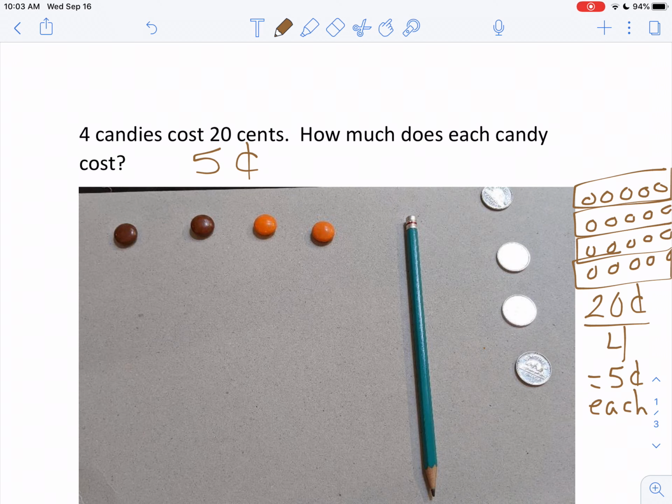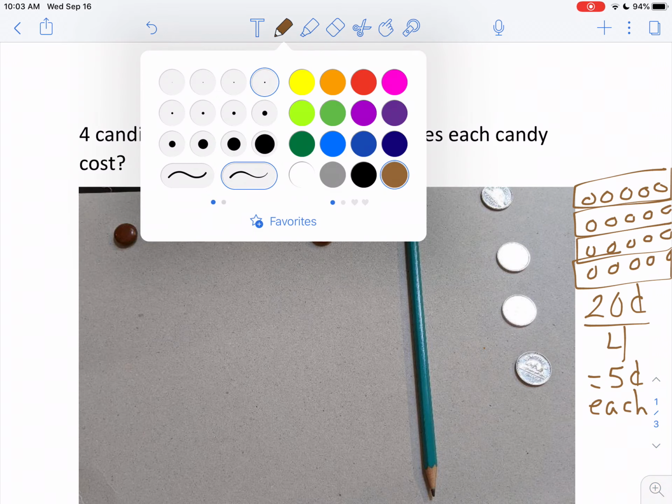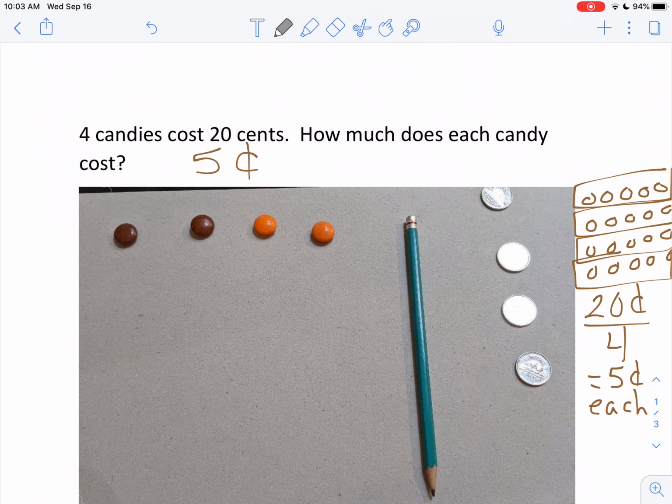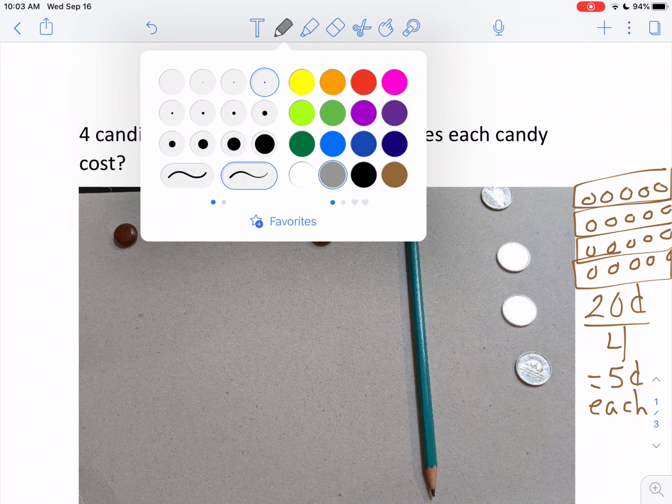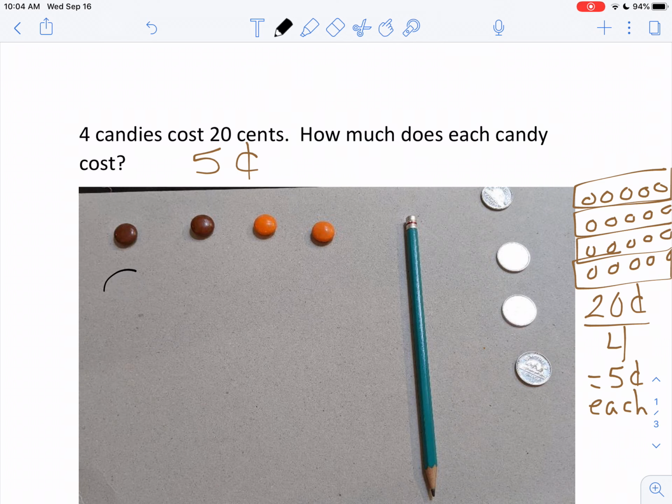Or if I want to do it with nickels, each of these candies would end up with 1 nickel. If you divided up the nickels between the candies, or take the 20 cents and divide it by 4, each one would get 5 cents, which is a nickel each.